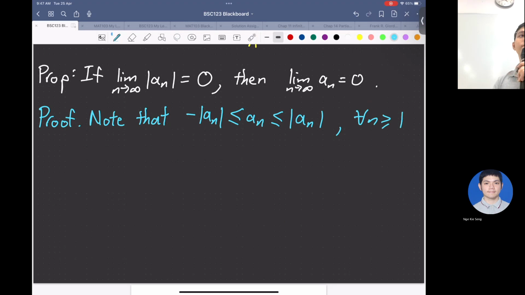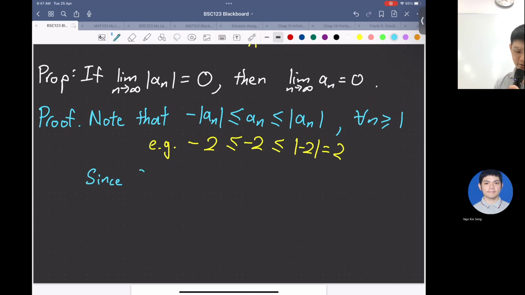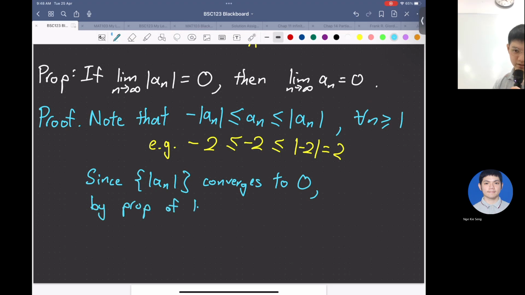Does everyone get this? You have your term, you take your absolute value. For example, if here is minus 2, then here it becomes 2, and on the other side it becomes minus 2. So this is always true. Since the absolute value of an converges to 0, the left and the right also converge to 0, by the property of the limit of a convergent sequence again, because minus the absolute value of an is just a scalar multiple of a convergent sequence.